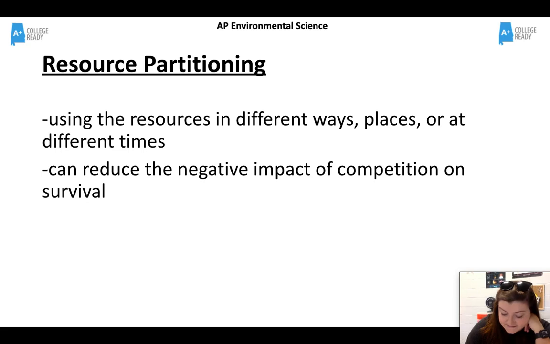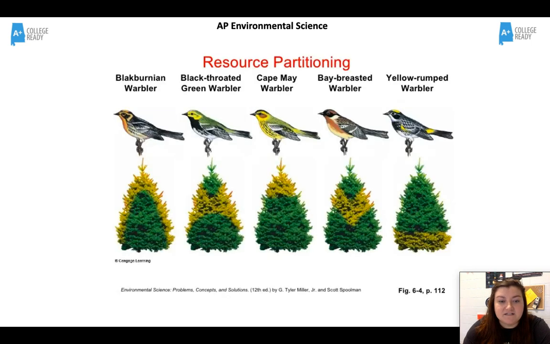Resource partitioning. Essentially, you're just using resources in different ways, places, or at different times, and this can reduce the negative impact of competition on survival. So basically, in our example here, these different warbler species are using different parts of that same tree.